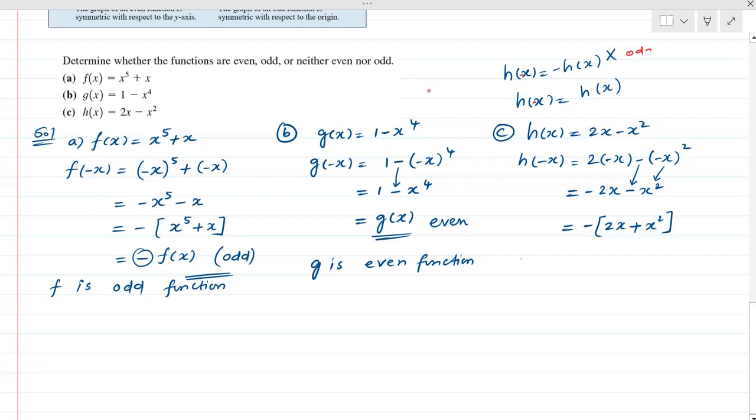The odd condition you didn't get, and the even condition you also will not get. Therefore, this one is neither even nor odd function. Thank you.